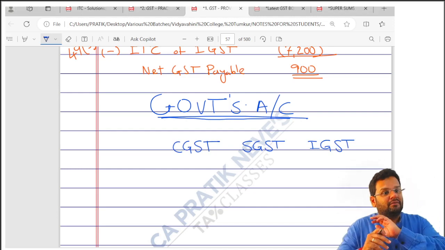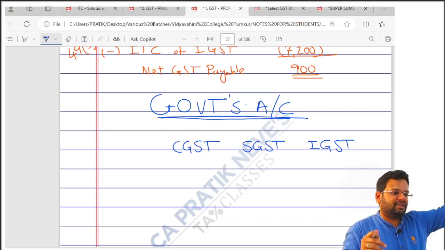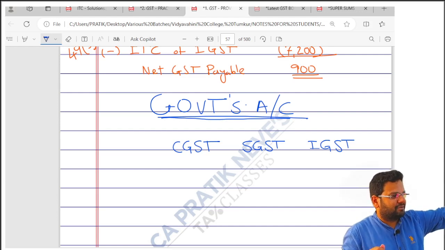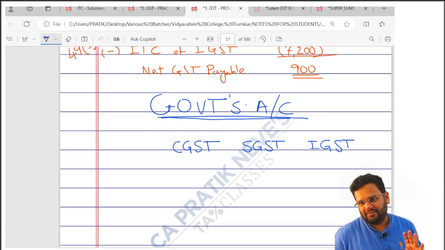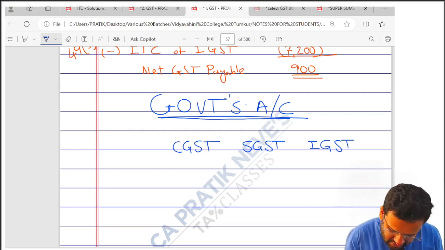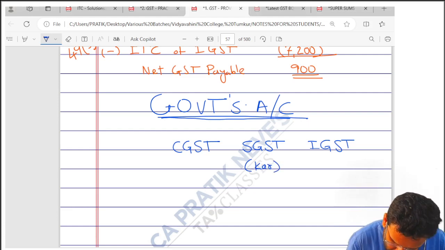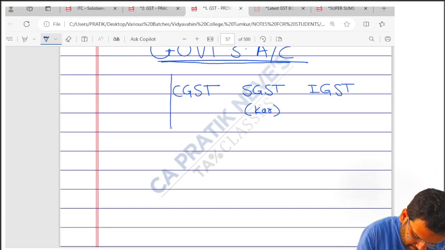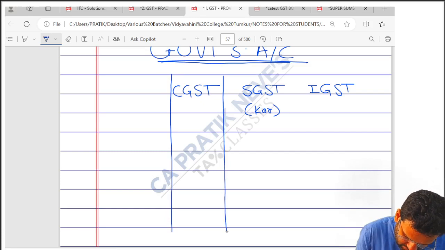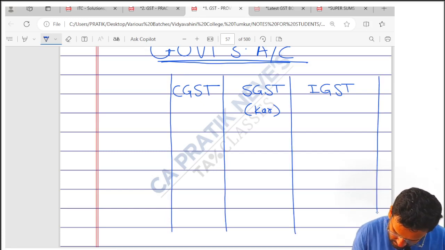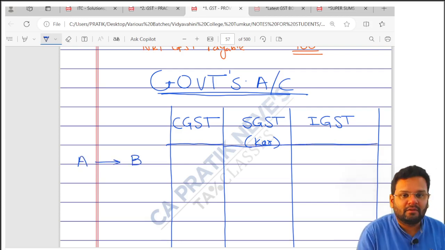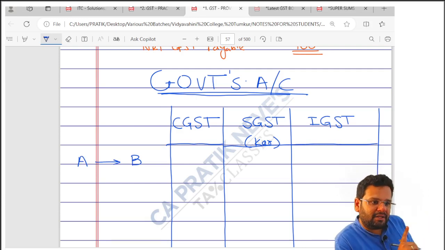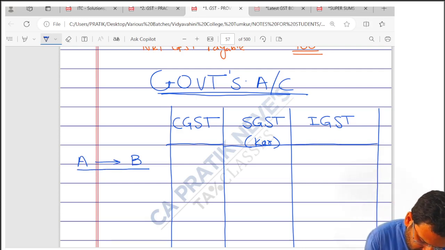And friends, you can take 6 people in the chain and open many accounts. Still this will tally. And still this will happen in this way only. Okay. CGST, which state's SGST? Karnataka. Agreed? What is the first transaction that happened? First transaction happened between A and B. When transaction happened between A and B, how much did A pay in cash?